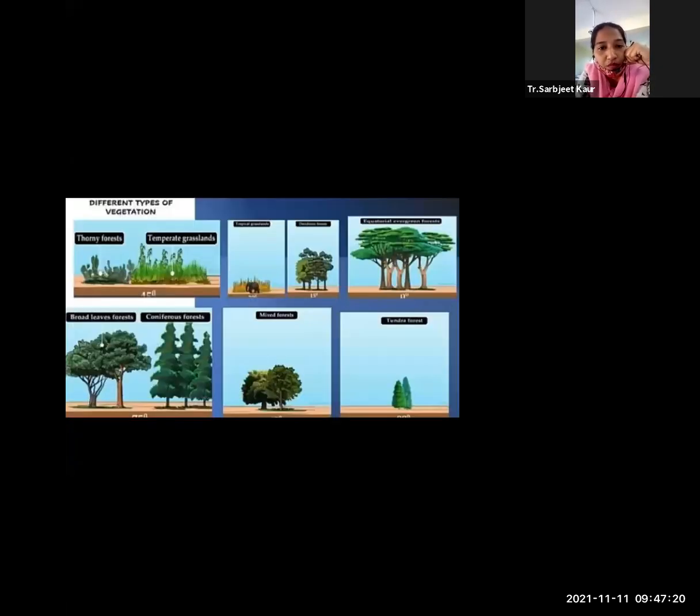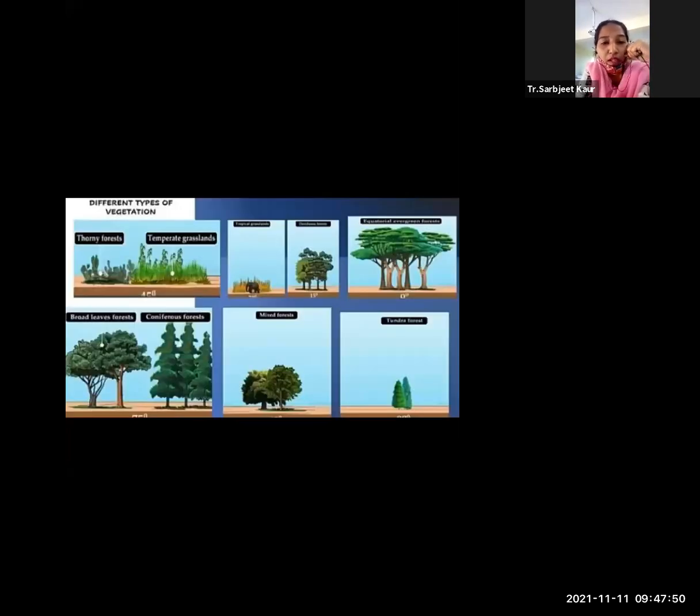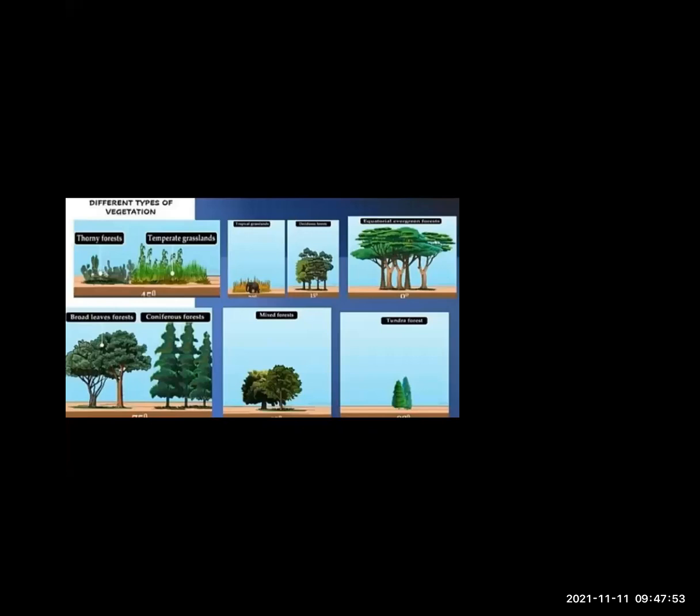Now, we can see different types of vegetation. You can see them in your textbook, page number 48. First, we obtain products like wood, rubber, resins, fruits, medicinal plants, etc. from forests.